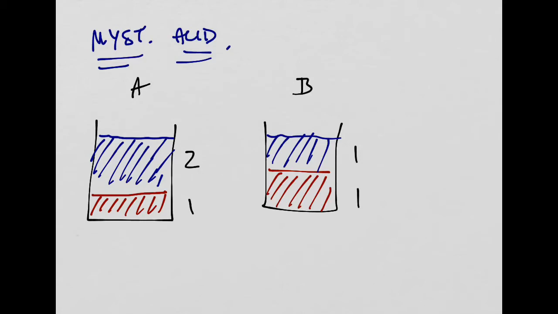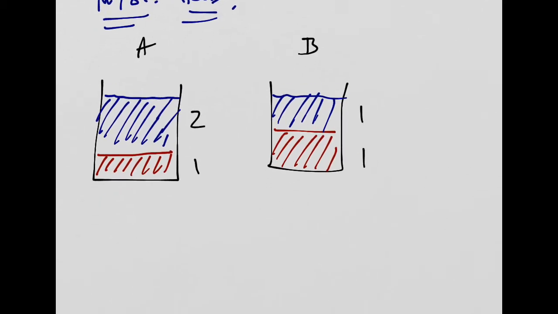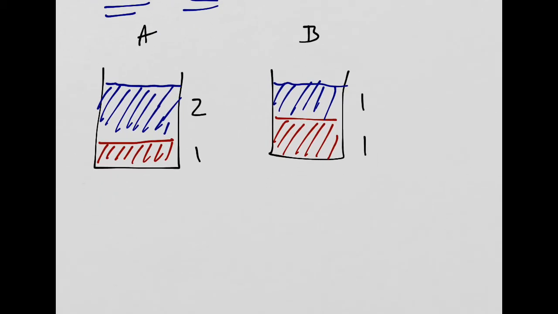But overall, you have the same amount of volume in any one of your tests. Similar to what we have going on here, where A and B have the same overall volume, but they've been divided up in terms of acid to base in a different ratio.